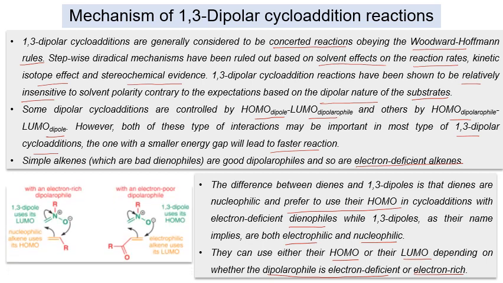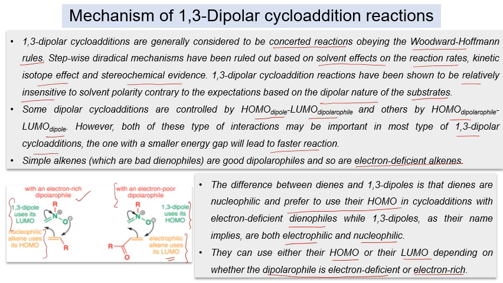Something like this. So you can see here the first one is a reaction of an electron rich dipolarophile, in which the 1,3-dipole uses its LUMO, the alkene uses its HOMO. Whereas if this is an electron poor dipolarophile, then the dipole will use its HOMO, and the electrophilic alkene, which is now electron poor, will use its LUMO.